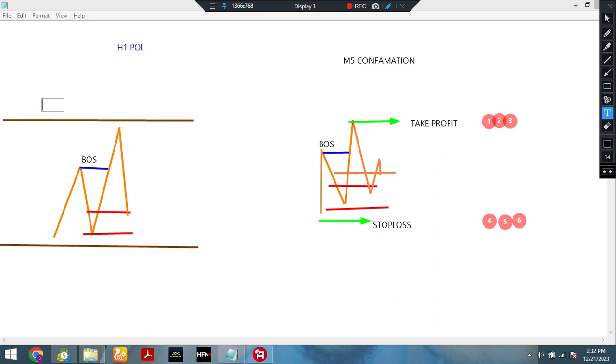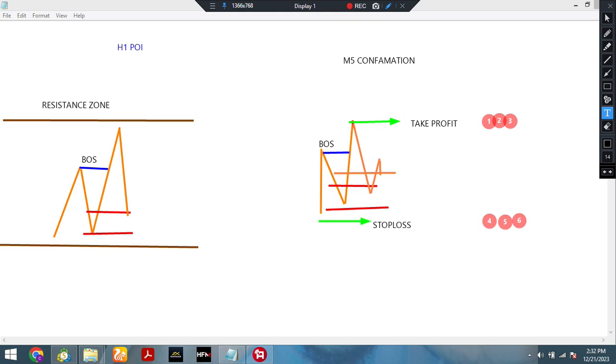So when you're hearing resistance zone, this is called area of resistance zone. Then we have area of support zone.